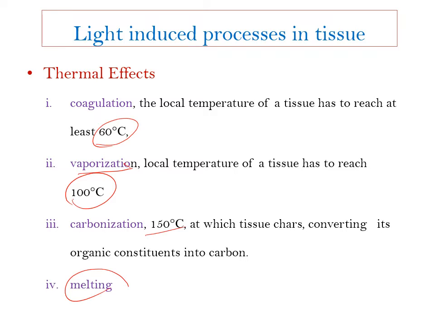So the properties of the surrounding tissue or fluid and the temperature differential between the irradiated and non-irradiated tissue affect how the tissue responds to the external energy. However, depending on the duration and the peak value of the tissue temperature, different effects like coagulation, carbonization, vaporization, and melting can be distinguished.